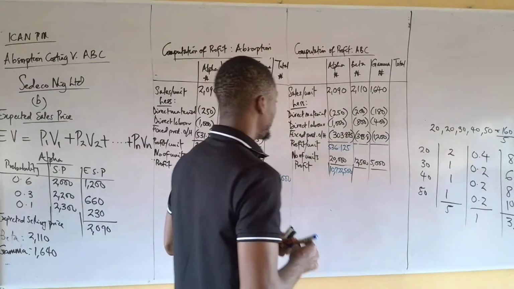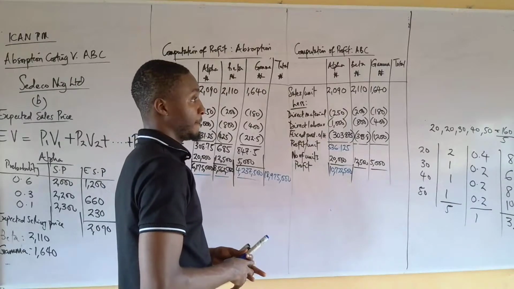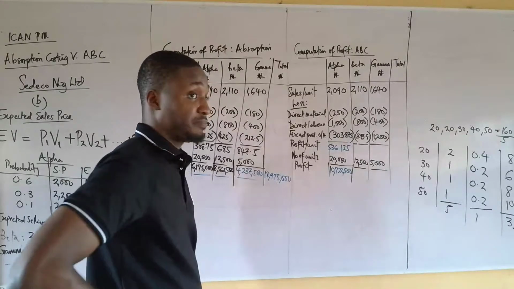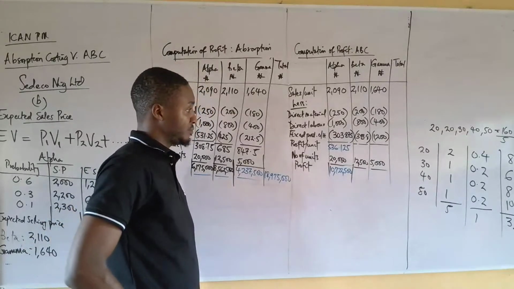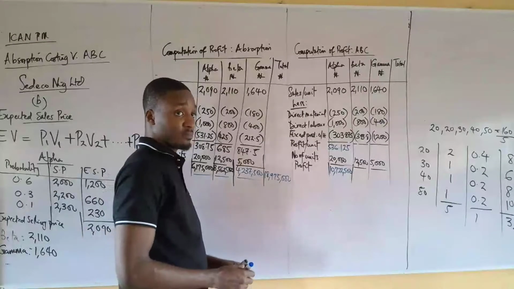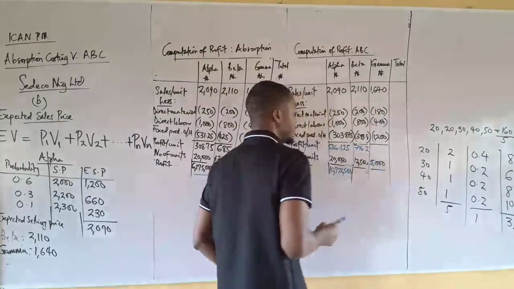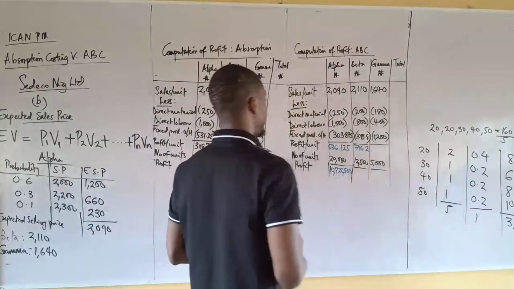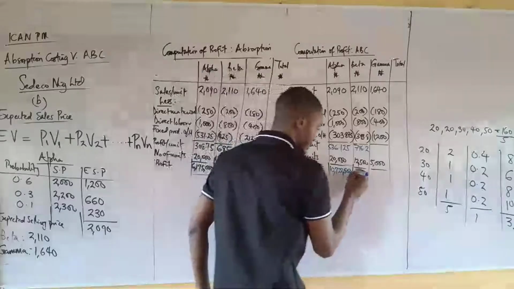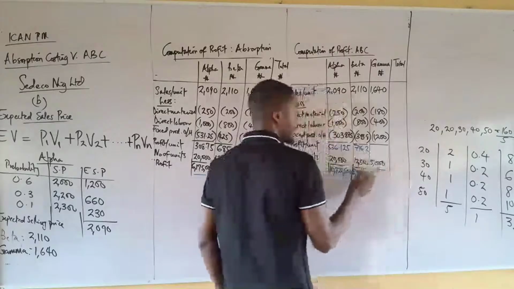Next one, times 12 by 390. Yes, 390. 952,500. And that's one.